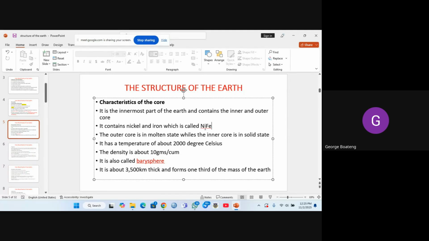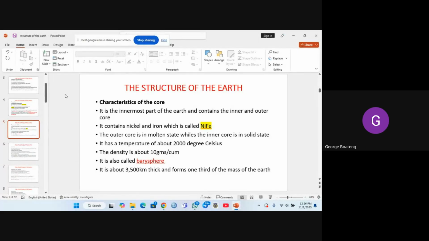Why is it called NiFe? Nickel's symbol is Ni, then iron's symbol is Fe. So NiFe is the same as nickel and iron. So if you cannot remember to write nickel and iron, you can write NiFe, which is accepted.